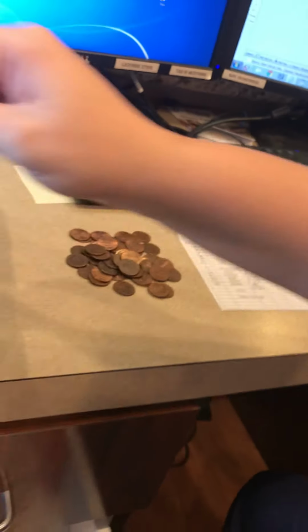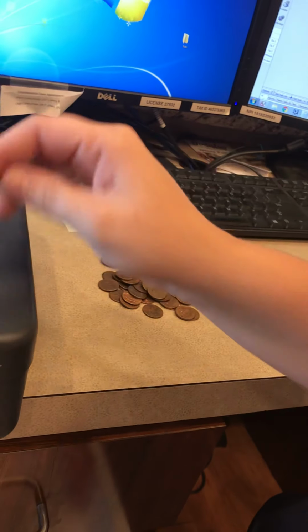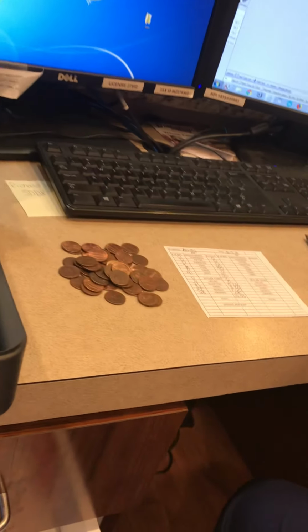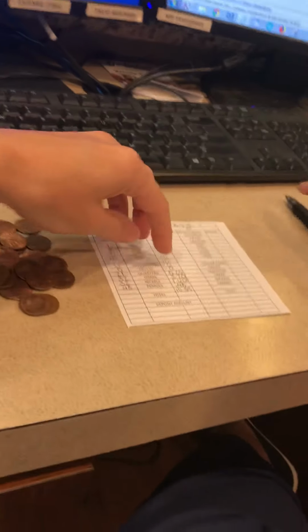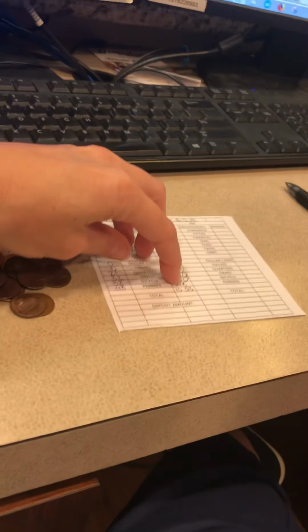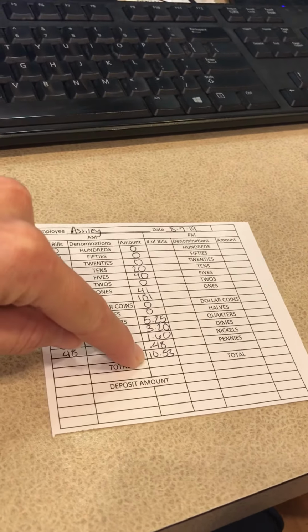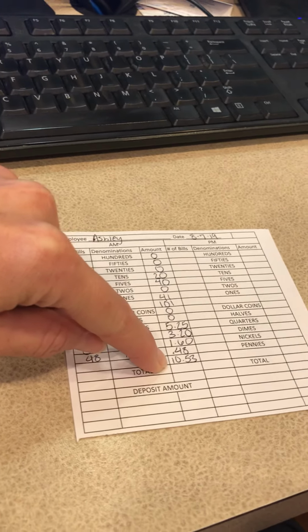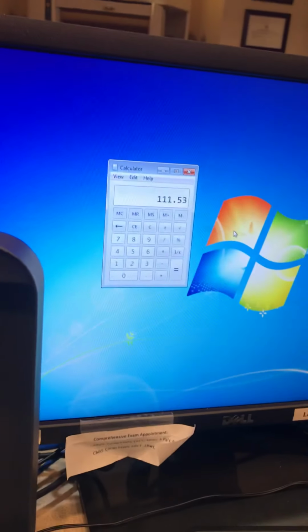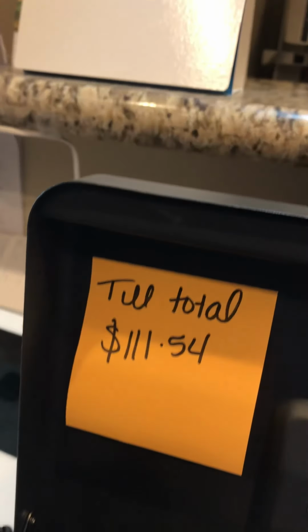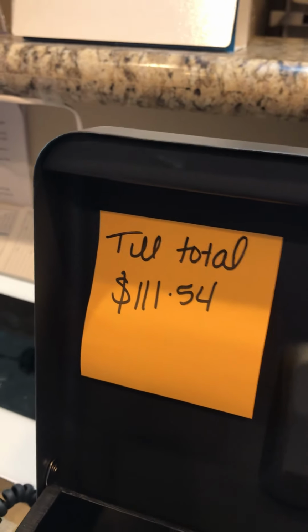Okay, so what we'll do, that's okay. Push it, the black bin. Okay, there we go. All right, so we're gonna add all these up. So you got 10.53, so you place that there. Okay, so now what we need to do is add the 101 and the $10.53 together. Okay, so we get 111.53, which is right there, and that's 111.54, so it's a penny off.